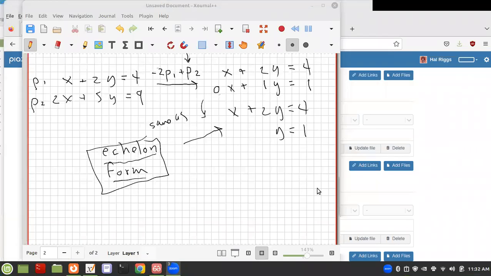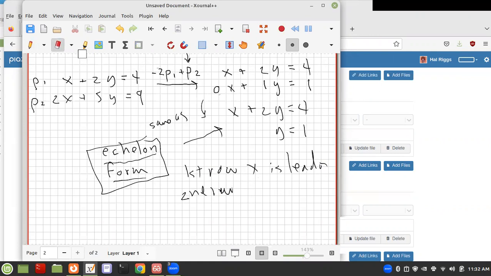Okay, so we'd like to get a handle on how we can look at this. In each row, there's a leading variable. For example, in the first row, X is leading. In the second row, Y is leading.